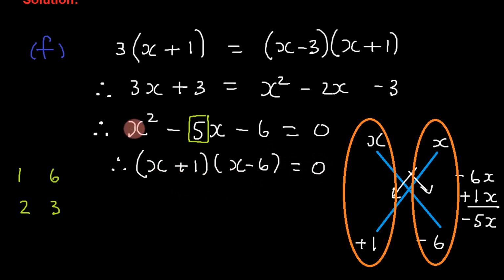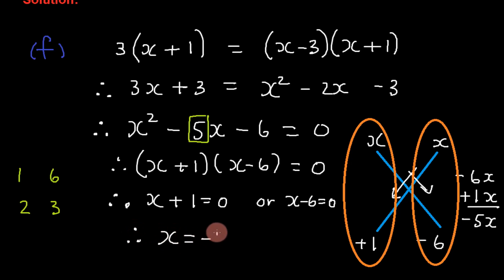X times x is x squared. Positive 1 times negative 6 is negative 6. Then we have positive x minus 6x is negative 5x. So 1 and 6 does work. Now we use the zero product rule. And solving for x is negative 1 or x is 6.